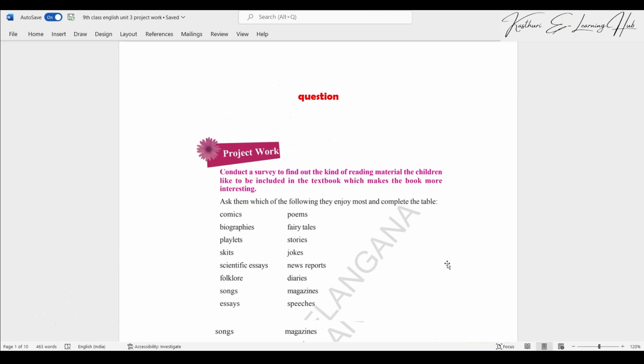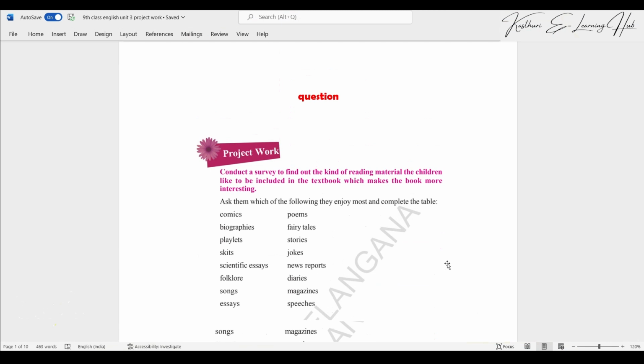Then folklore. Folklore means generally very much of the rural type. Songs means we all sing so many patriotic songs, some inspirational songs, some motivational songs. Actually, the lyrics will be given in the textbook.